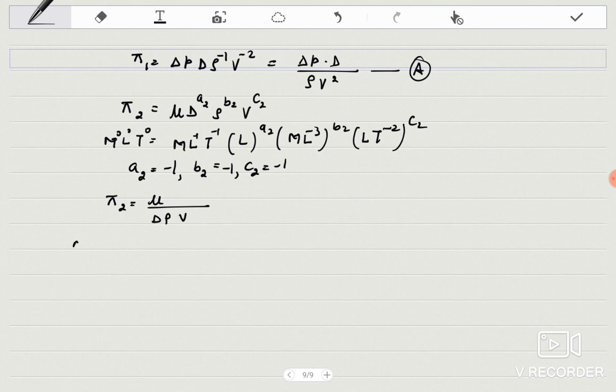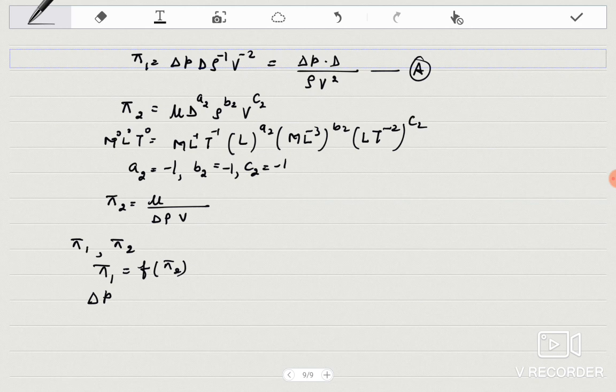Now you have two parameters, pi 1 and pi 2. So in the last step I may write pi 1 as a function of pi 2 or pi 2 as a function of pi 1. Since I have to give the value of pressure drop, I'll write pi 1 as a function of pi 2.